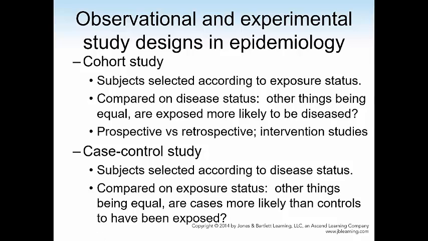So within the analytical study design, sometimes you hear the word cohort study, and that deals with a group of subjects that are all selected according to exposure status. So for example, a cohort group would be people working in a research facility. That would be where I came from.